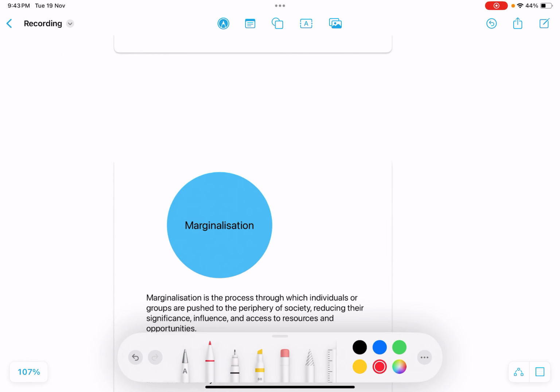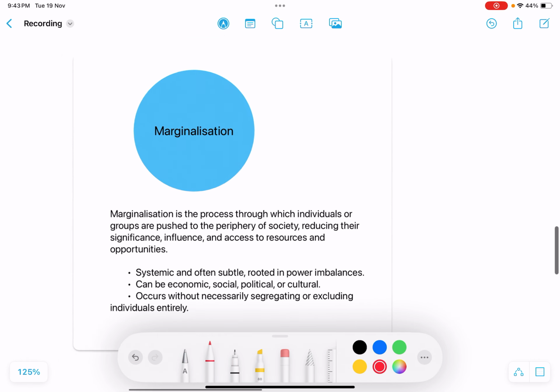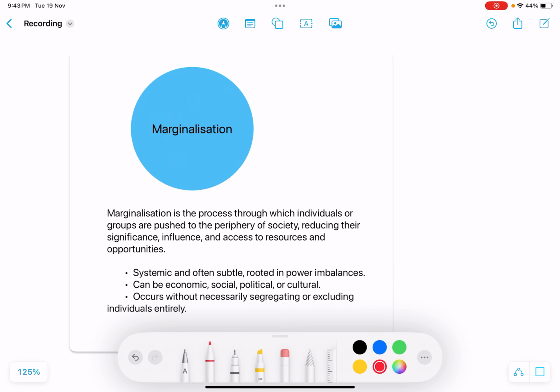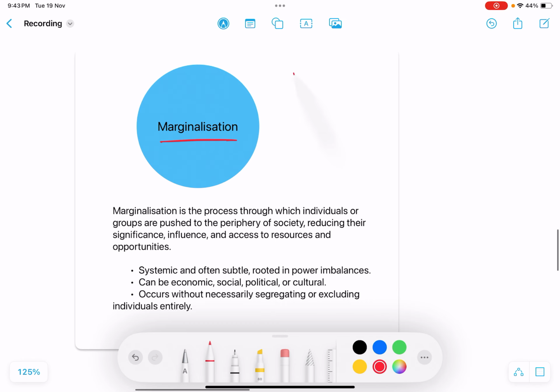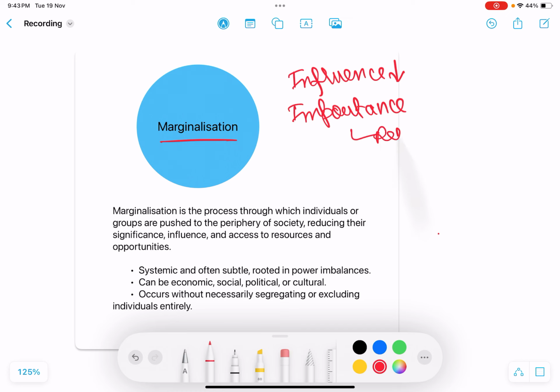And then getting on to marginalization. So what is marginalization? Well, it's about reducing the influence of some individual or community, reducing their importance, the kind of importance that they get with regards to, let's just say, their representation, right?